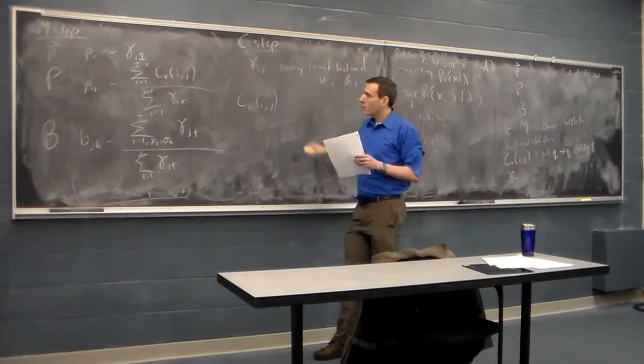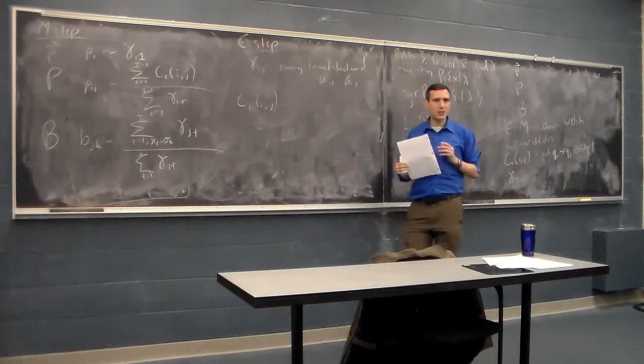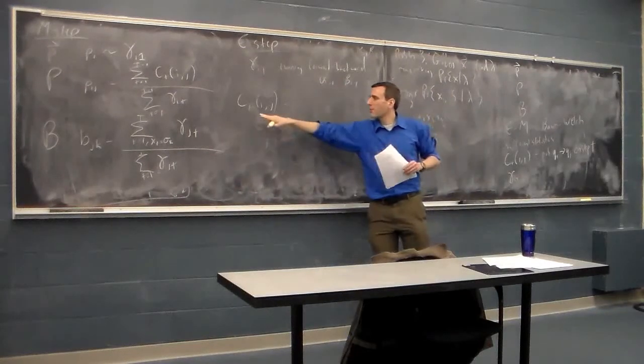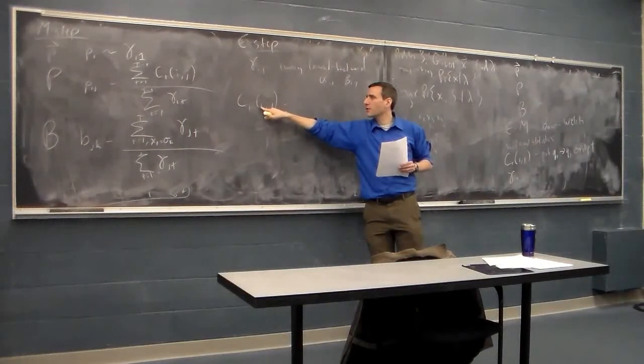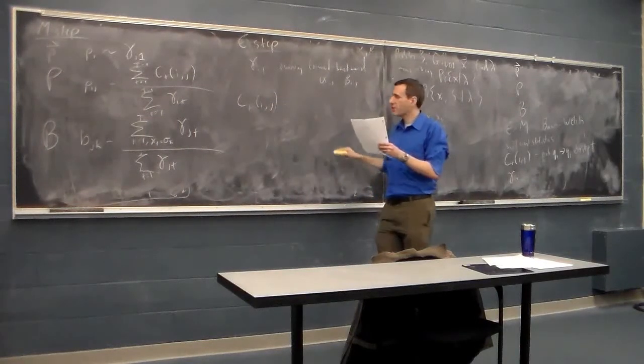So in particular, we can define c sub t ij, which again, remember, is the probability at step t of passing through our sequences that we're making a transition from state i to state j.